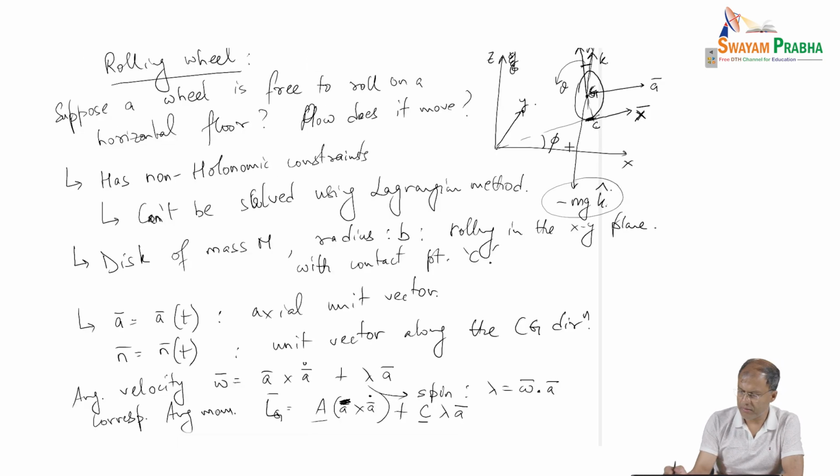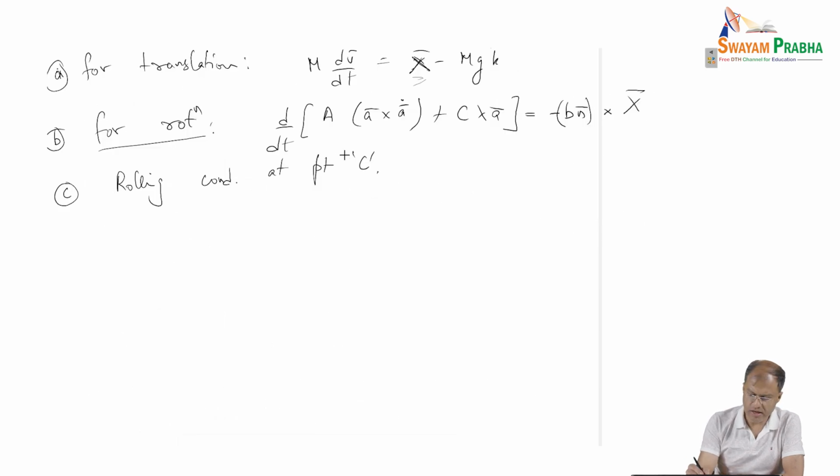If we look at the diagram, the rolling condition has to be applied at point C. So at C we see that V plus omega cross minus bn is 0, right? So this is the net velocity at point C. And now we have three equations and three unknowns. The unknowns are X and V and omega.